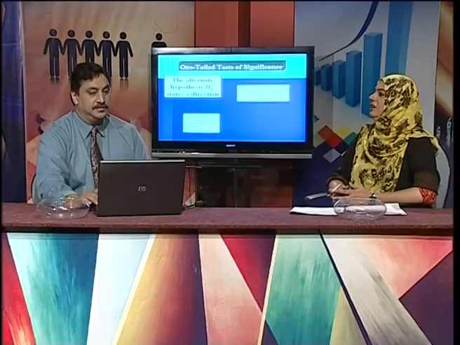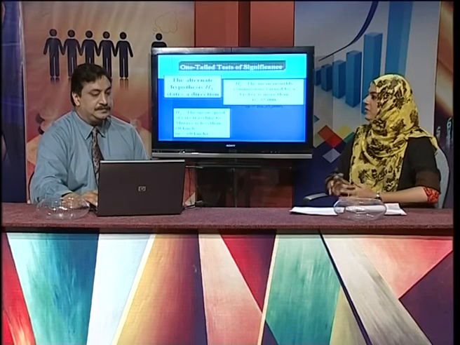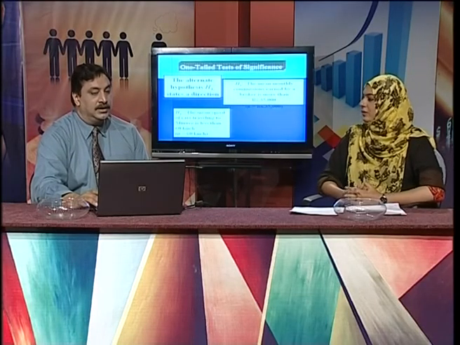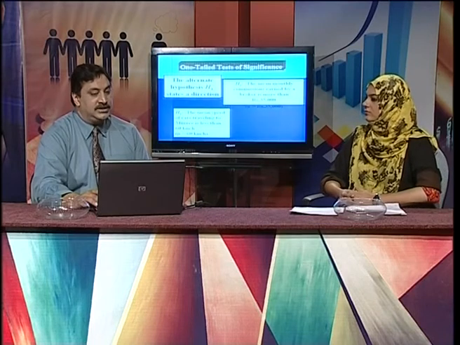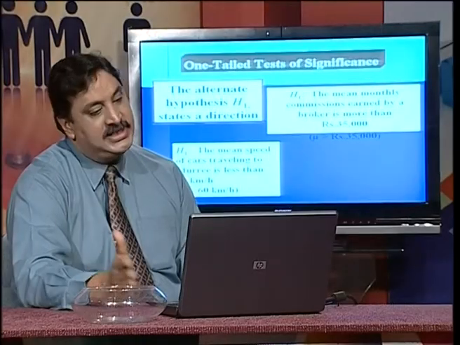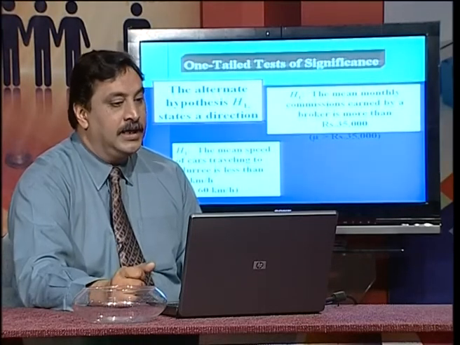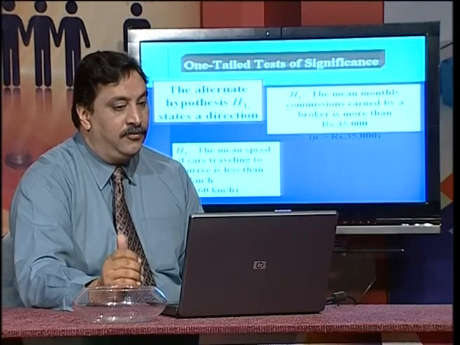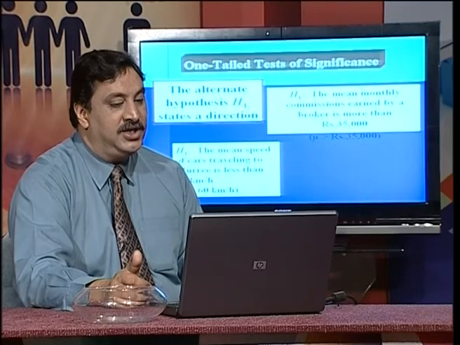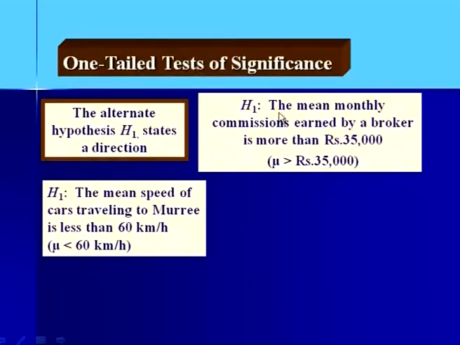So what are some practical examples in business research of a one-tail hypothesis? For a one-tail hypothesis, generally we use the alternate hypothesis in less than or greater than form. For example, the mean monthly commission earned by a broker is more than rupees 35,000.